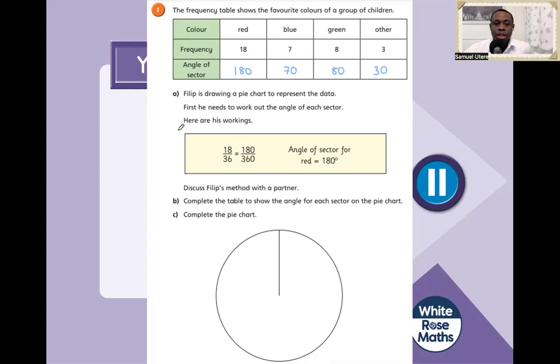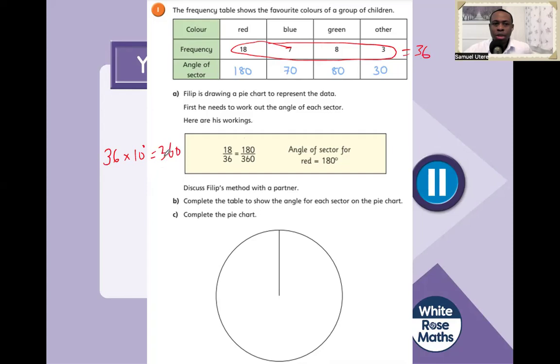Although I like his method, I would rather we stick to what we already do. So we know that 36 times a special number of degrees will be equal to 360 degrees. We know that adding all these up will give us 36 as our total. So we have to represent 360 degrees within the value of 36.